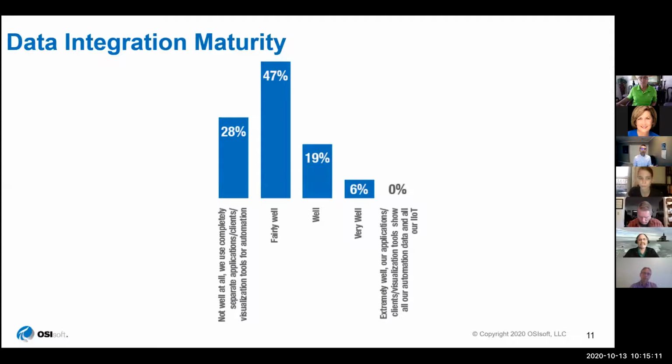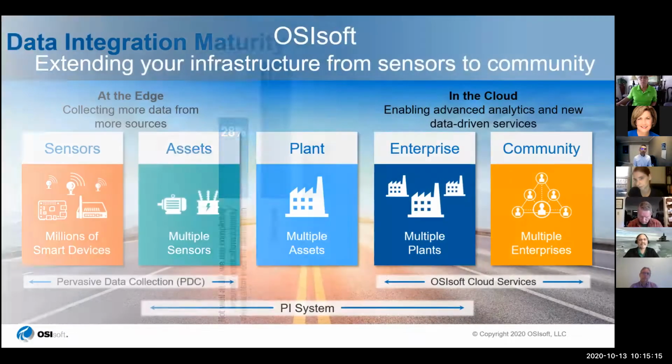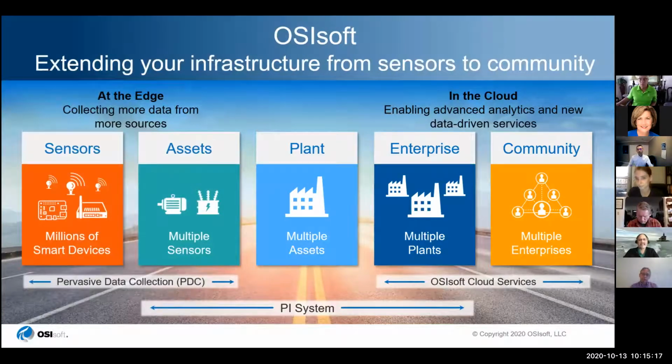So there's a lot of things that we can do to improve this. I talk about having data at the edge, on premise and in the cloud, and it's really being able to have that real-time data infrastructure to manage it across, regardless of where that data is being generated.